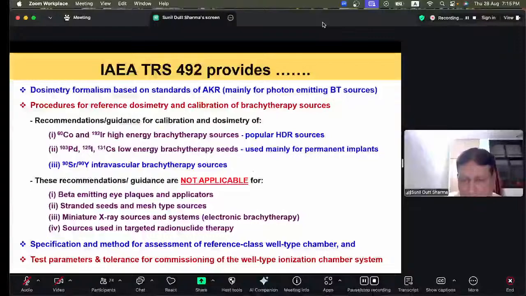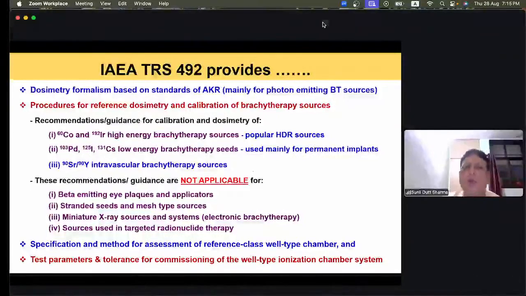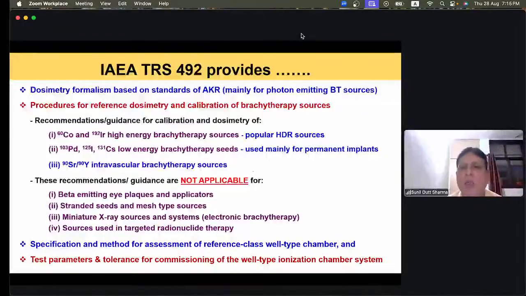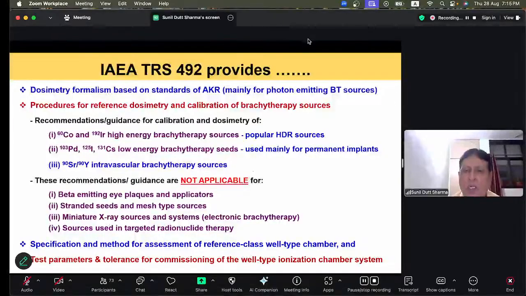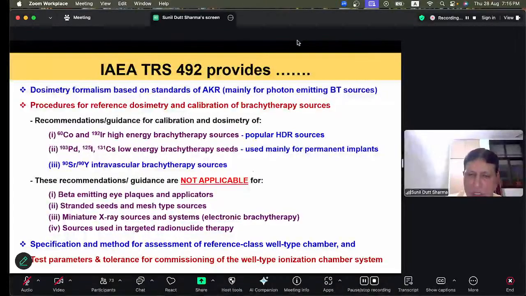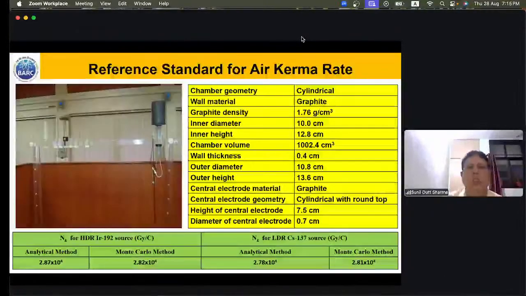So what this report requires from a hospital medical physicist, whenever you like to purchase a bell type ionization chamber for the purpose of calibration and dosimetry, you need not accept it blindly, whatever the manufacturer says. Rather, you should test this instrument against a given specification and given performance parameters. So this information is also available as part of the IAEA TRS 492.